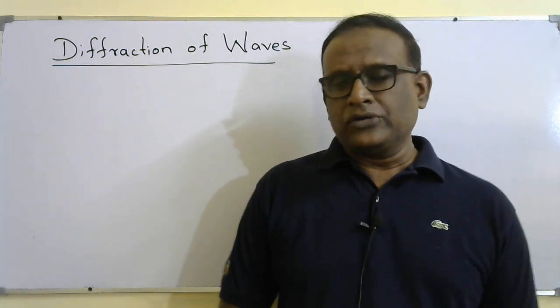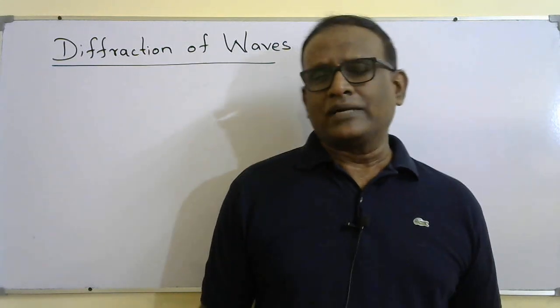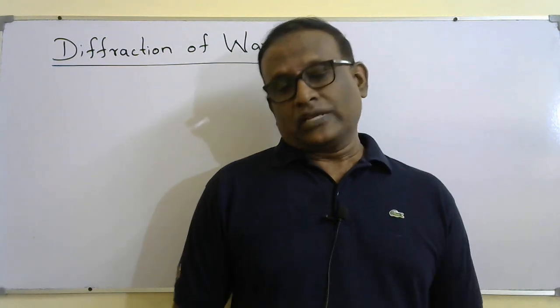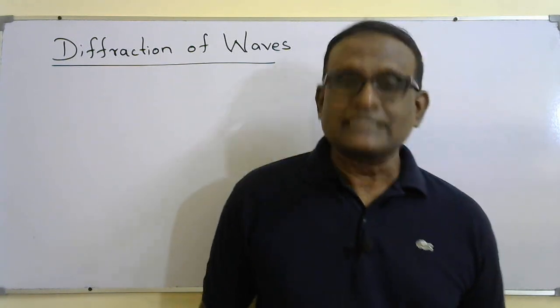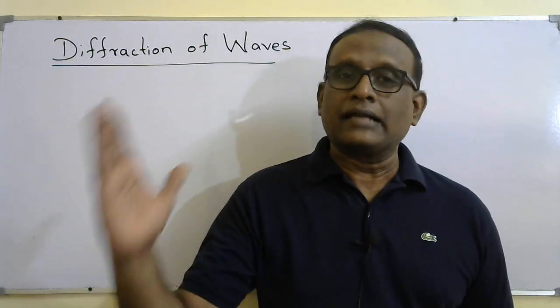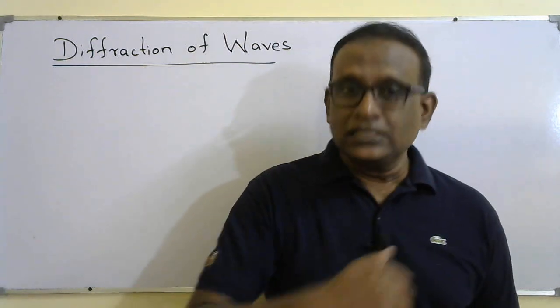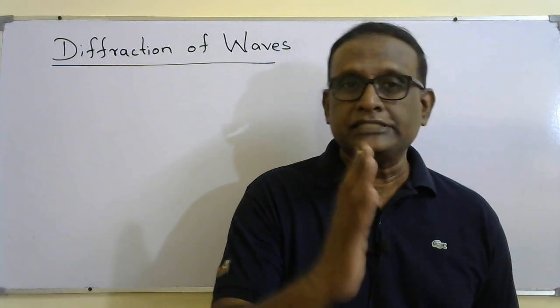That's the reason, maybe, that some books say diffraction means bending of wave, but bending of wave is not a good way to say it. If you want, you can say bending of wavefronts. Somewhat we can accept bending of wavefronts, because parallel wavefronts bend when they meet an obstacle, or when a parallel wavefront passes through a hole or aperture or slit.